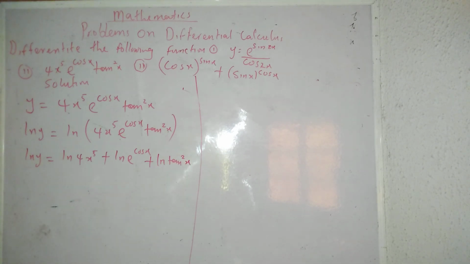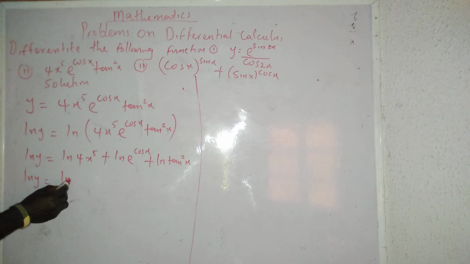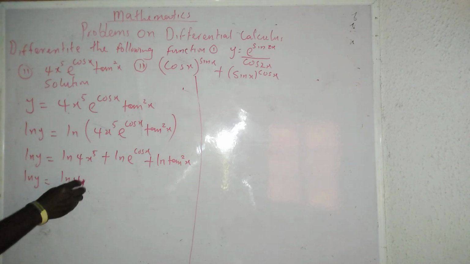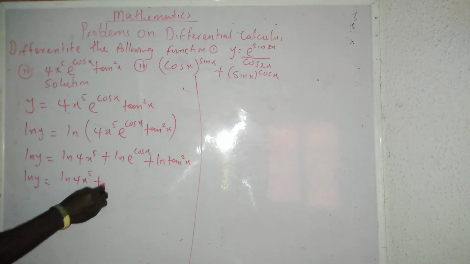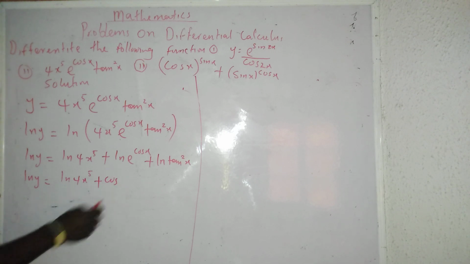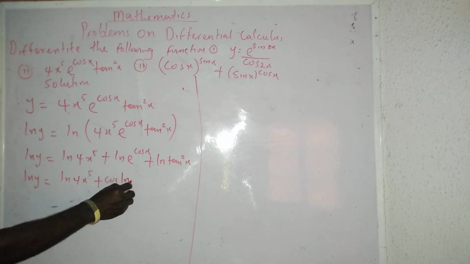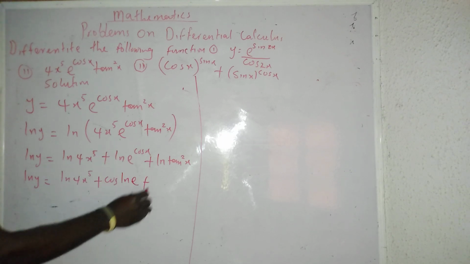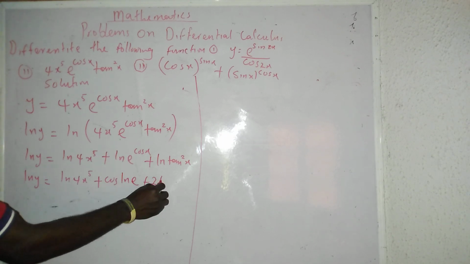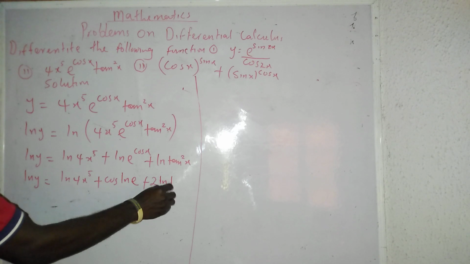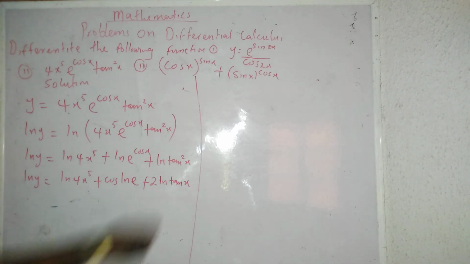Now, ln y equals ln 4x^5 plus cos x ln e plus 2 ln tan x.